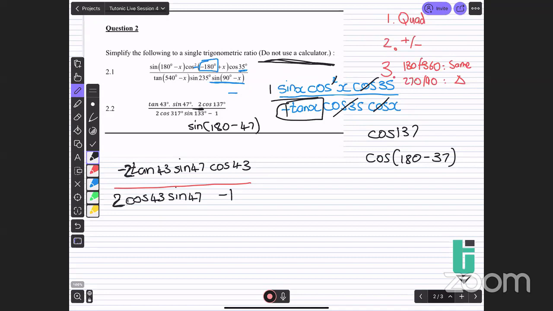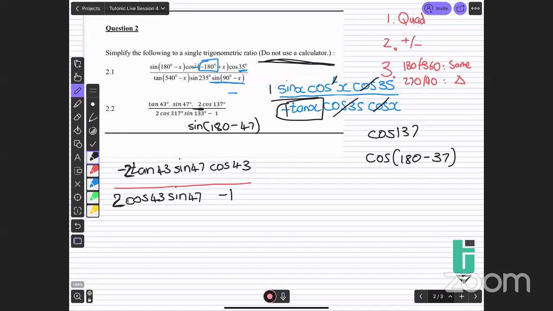If we had changed the sine to cos, it would have been 2 sine 47 cos 43, and that is sine of 2A. You're nearly there.